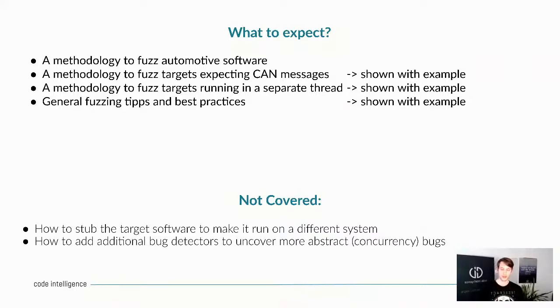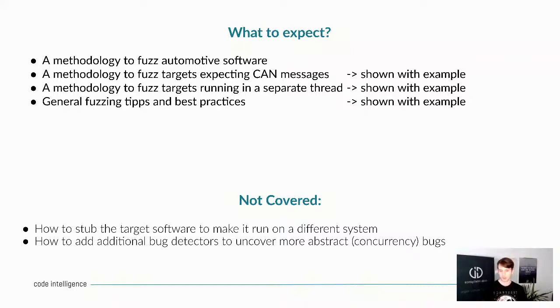And also today it will not be covered how to write additional bug detectors to uncover more abstract bugs or concurrency issues. So per default, we find all kinds of memory issues like buffer overflows or similar things. You can also use fuzzing to find way more abstract bugs, for example, a state machine that gets into a weird state, which is also a very common type of concurrency issue.